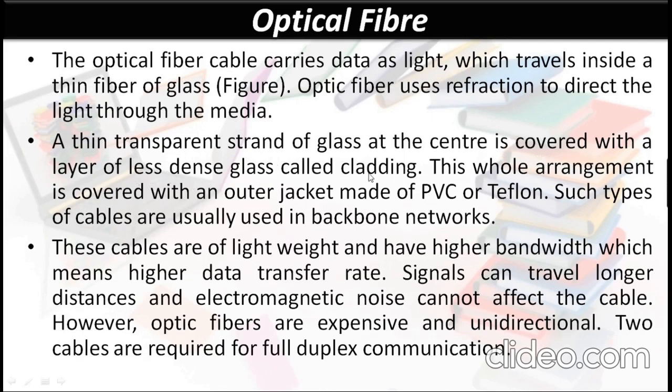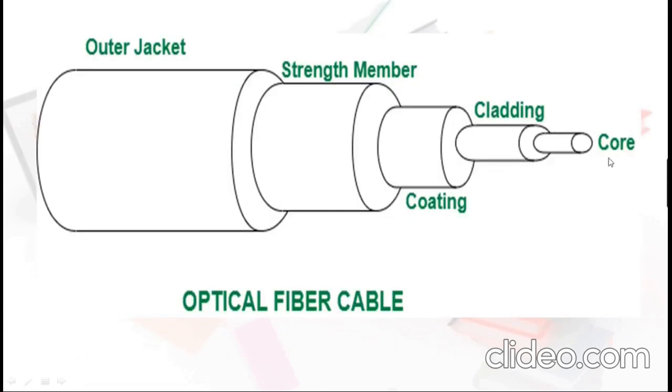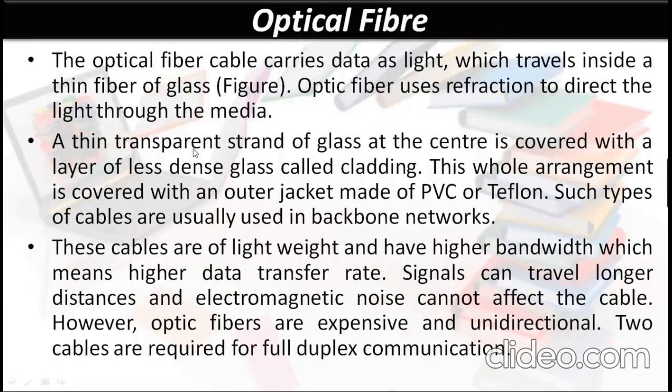So this is the core, that is the actual fiber, and thereafter this is the strength member buffer, and there is an outer jacket that is made up of plastic or PVC or Teflon.